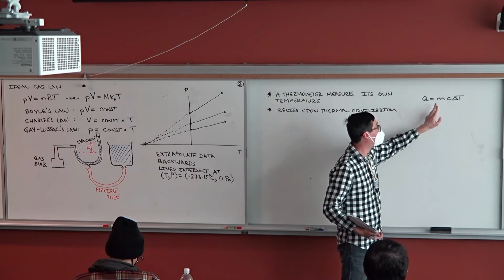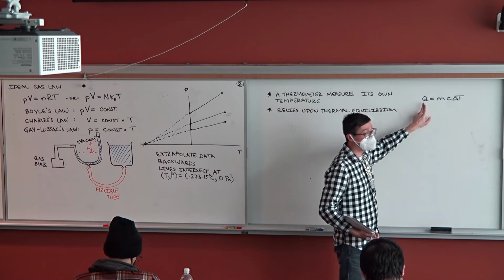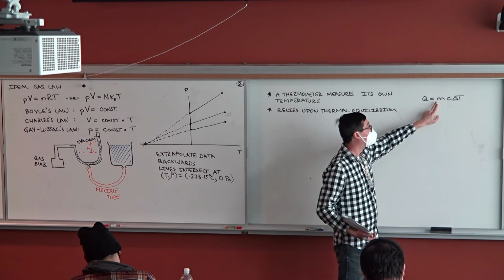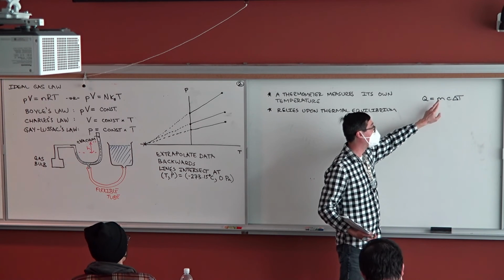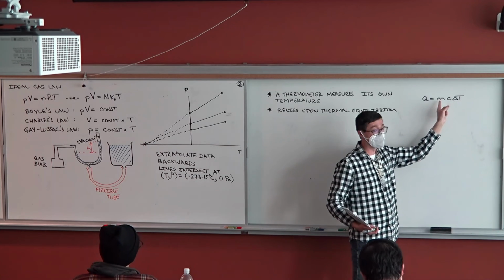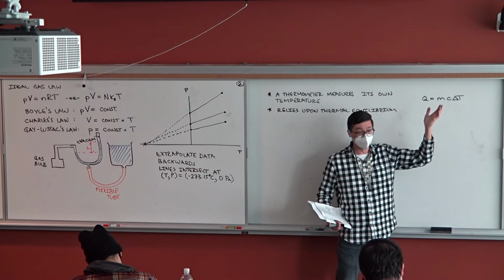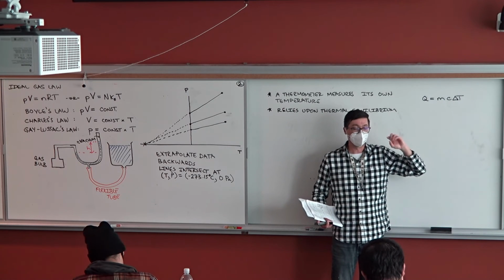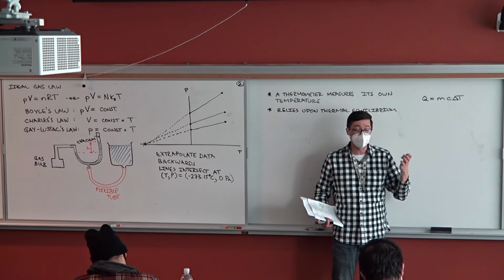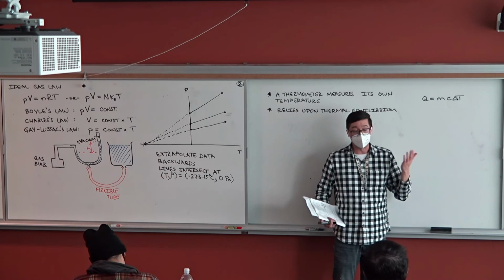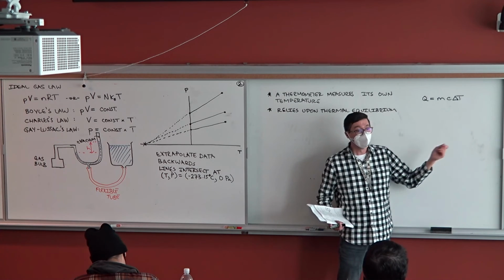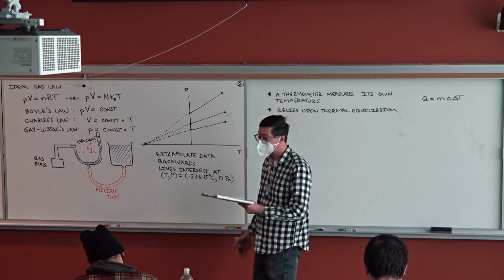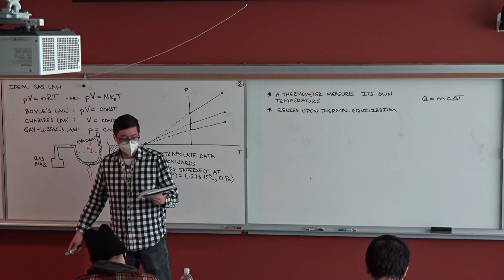So the energy required to be absorbed as heat to cause a change in temperature ΔT is proportional to the product of m, c, and ΔT, where m is the mass of the thing absorbing the energy as heat. c is this term that's used to describe how easy it is to change the temperature. It's kind of like thermal inertia. We call it specific heat. And ΔT is how much you want to change the temperature. So far, so good.